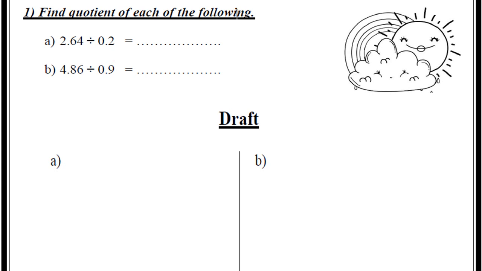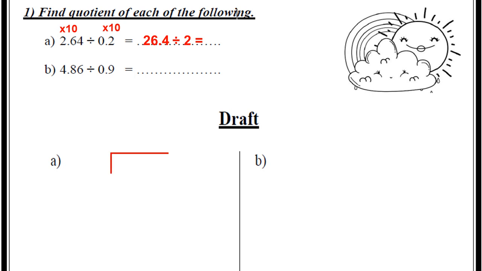How to remove it? We will move it 1 step forward, which means times 10. Can we make the divisor times 10 and leave the dividend? No, we have to make it times 10 also. So 2.64 times 10 will be 26.4, divided by 0.2 times 10, which will be 2, a whole number, and that's what we need.